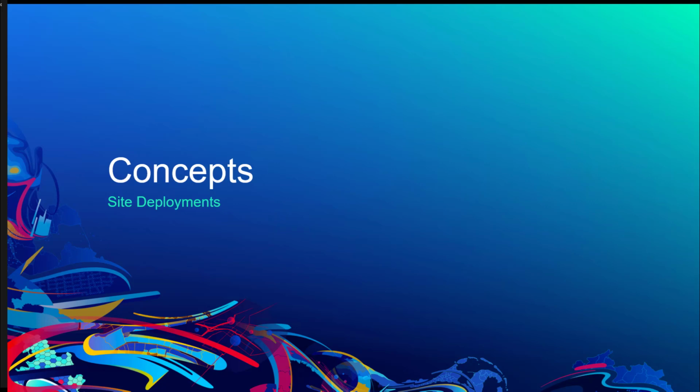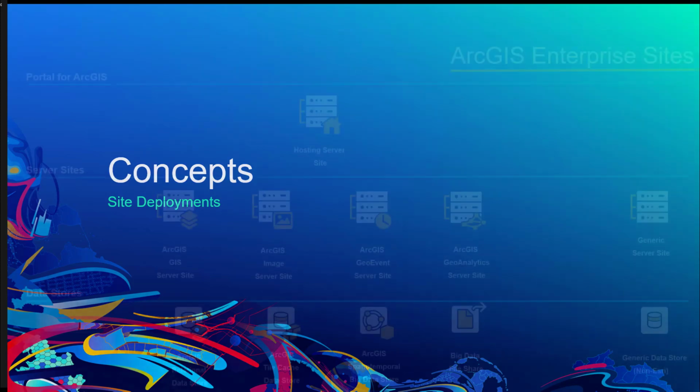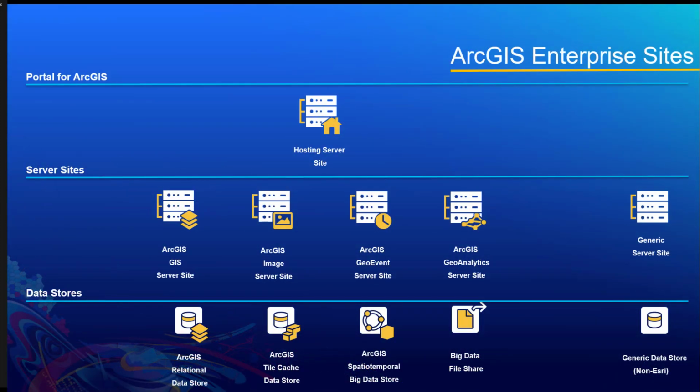With an overview of our strategy, now let's shift and talk about concepts and site deployments. As some of you may be aware, ArcGIS Enterprise is a distributed system and comprises of these sites, which are commonly referred to as server sites. The first component is your portal for ArcGIS, which runs on your hosting server site.